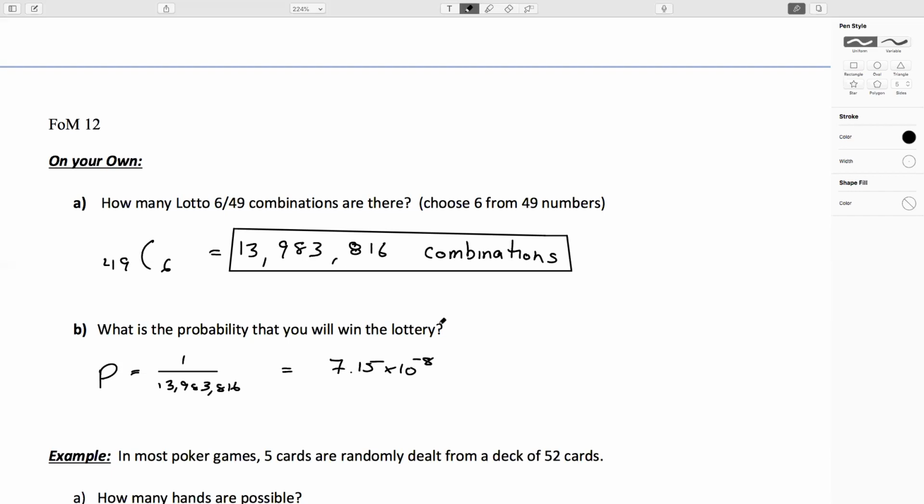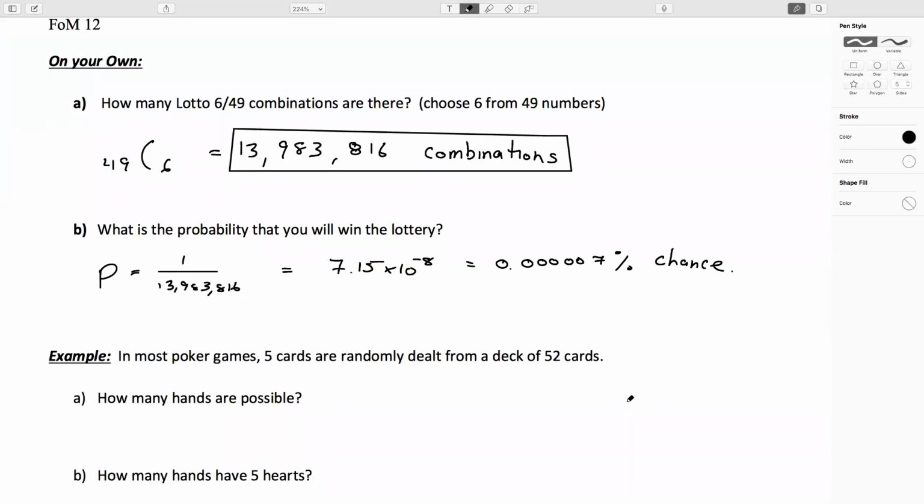That gives us a 0.00007% chance. So your odds are 1 in 13, almost 14 million, and your probability is 0.00007%. Incredibly low odds, which I think most people know.